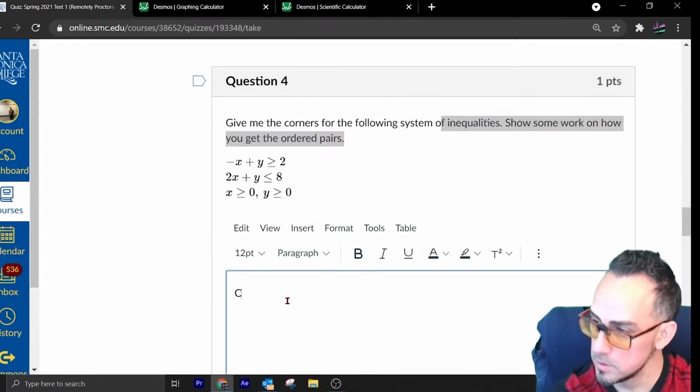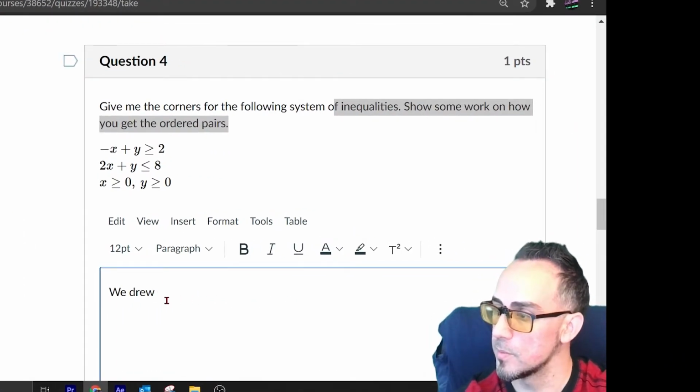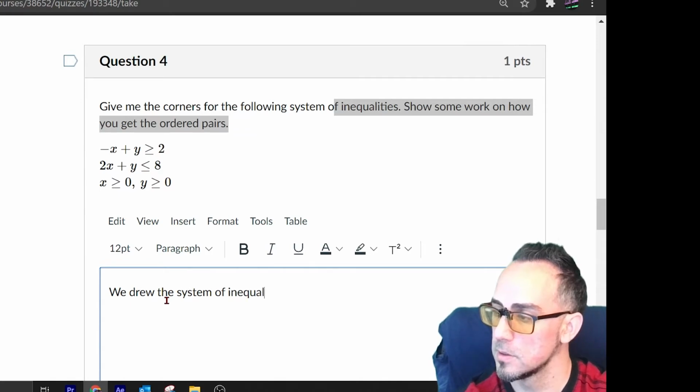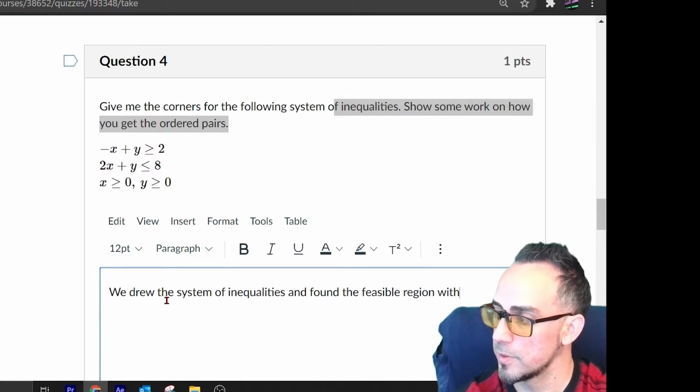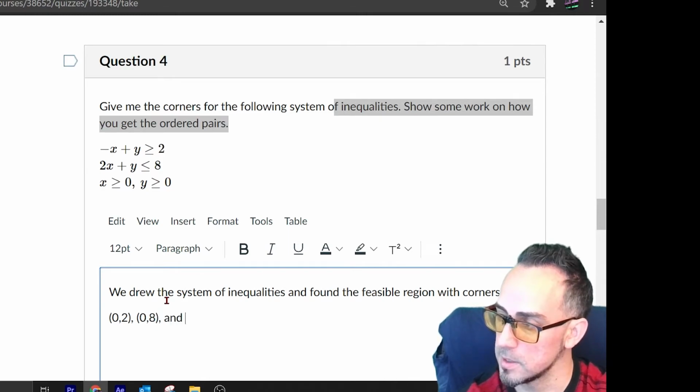So the corners, we drew, I mean, I can't do this right now because I'm on my computer, but we drew the system of inequalities and found the feasible region with corners 0, 2, 0, 8.